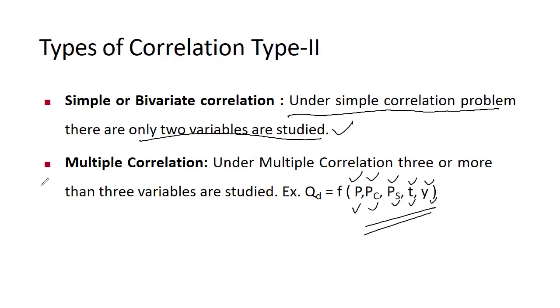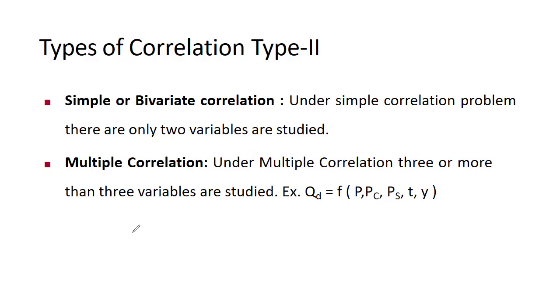Correlation: if we understand how the concept of correlation emerges, we can see it from variance. The formula of variance, when we take only one variable, is the sum of xi minus x bar squared, divided by n minus 1.